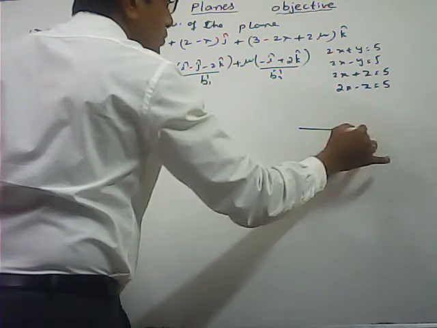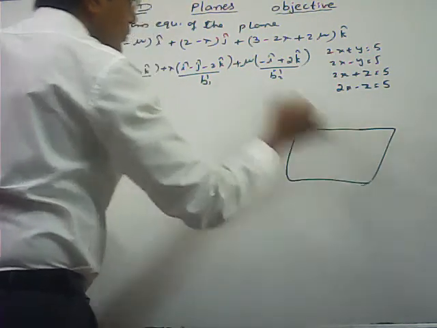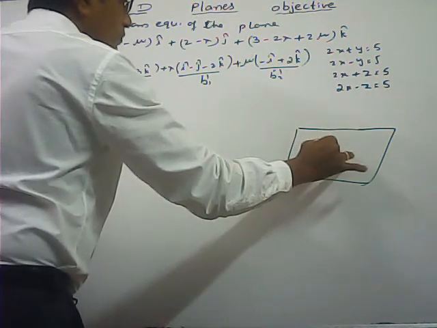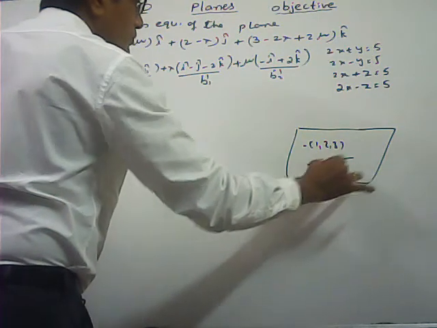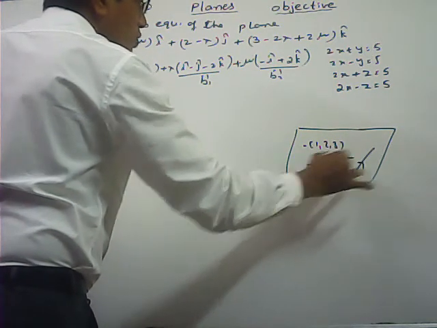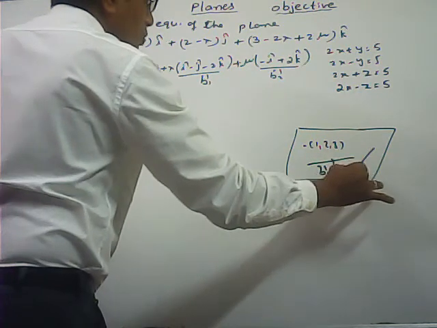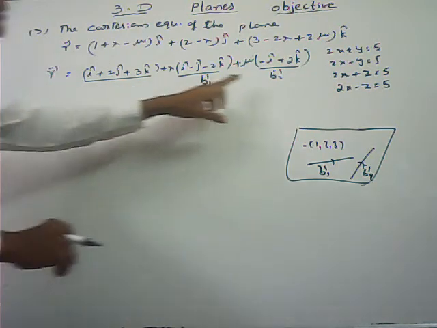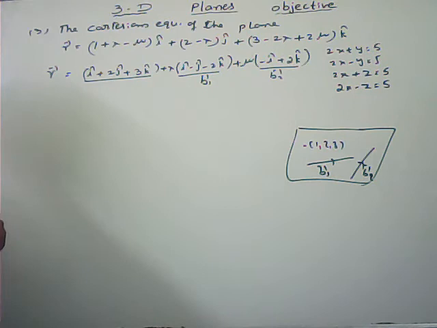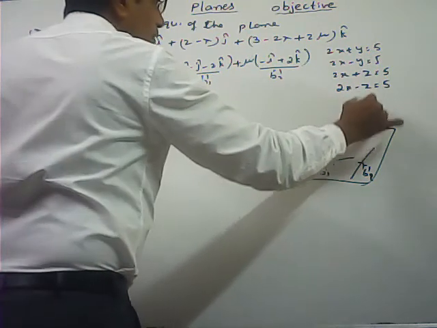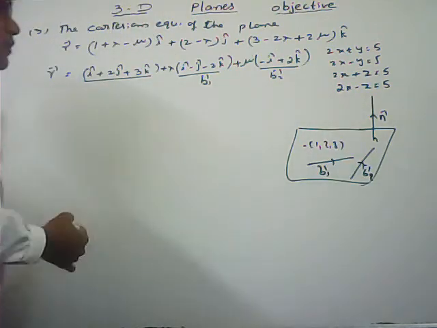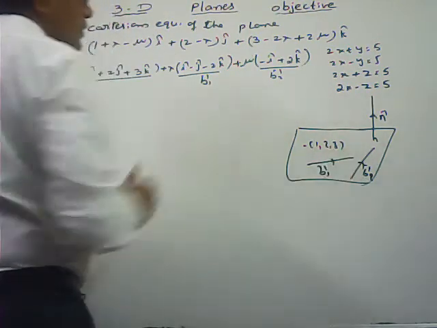Here we want the equation of the plane passing through the point 1, 2, 3 and parallel to two given vectors V1 bar, V2 bar. Here two vectors lie on the plane only. Now this is the normal vector N bar. How to get the normal vector? Here two vectors are there on the plane.